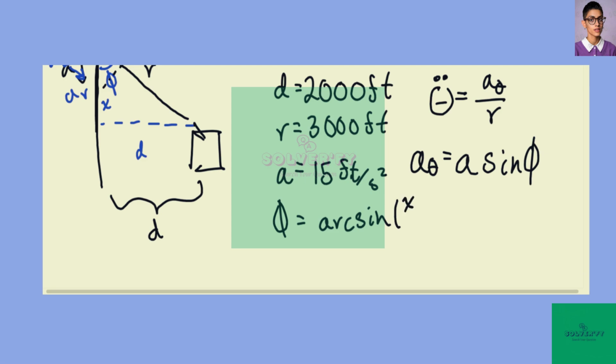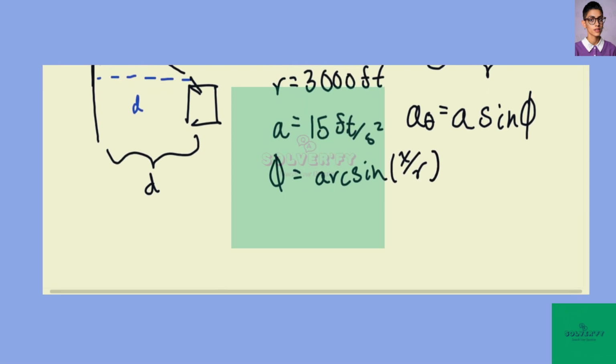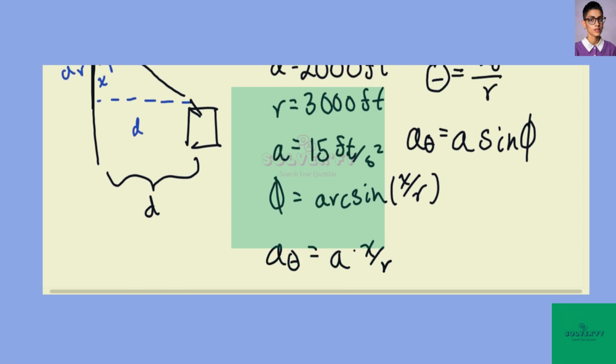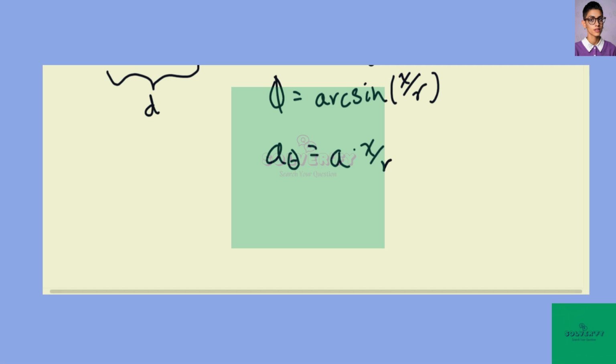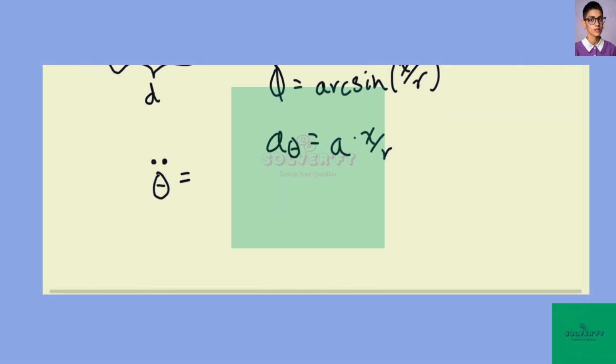And then we can define a theta as just a times x over r, since the signs will cancel. And therefore, we have a nice expression for theta dot dot, which is equal to a times x over r squared.